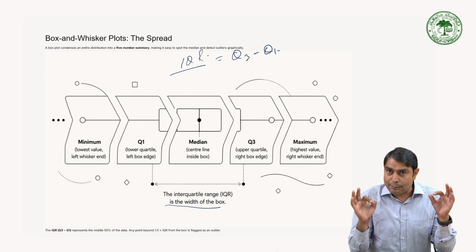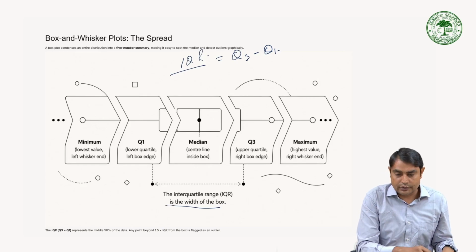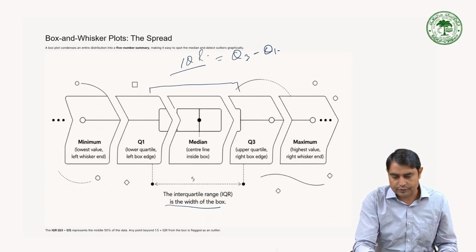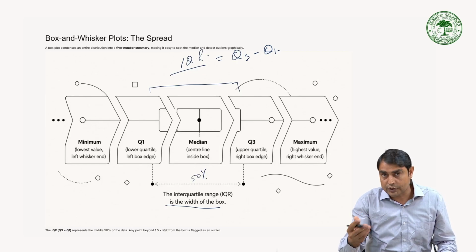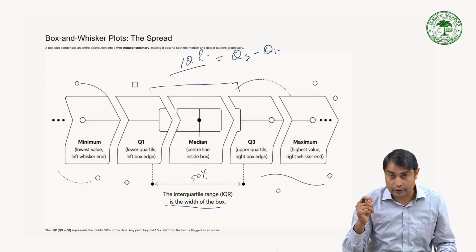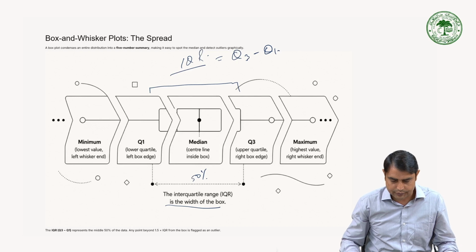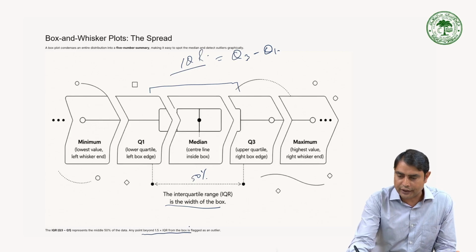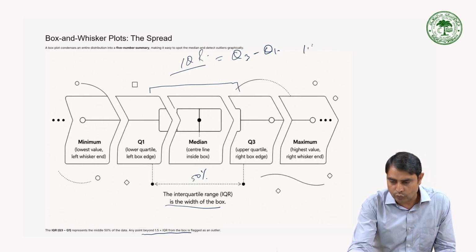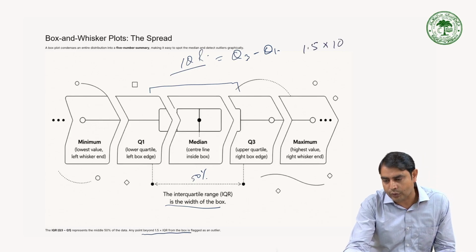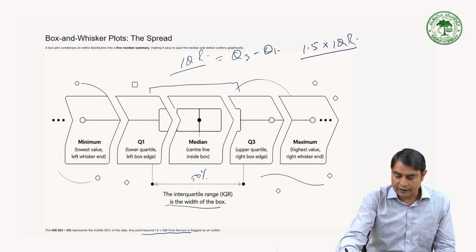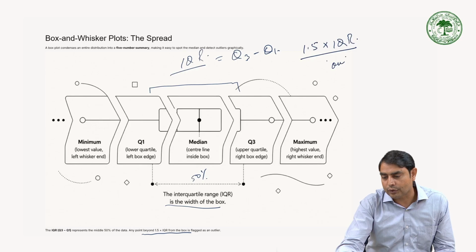So it represents the middle 50% of the values, which is actually the property of IQR, to identify the middle 50% of the values. So any point beyond 1.5 times the IQR from the box is flagged as an outlier, is known as an outlier.